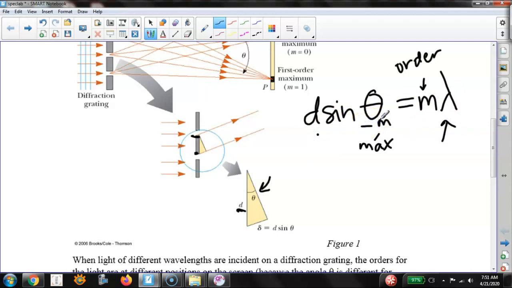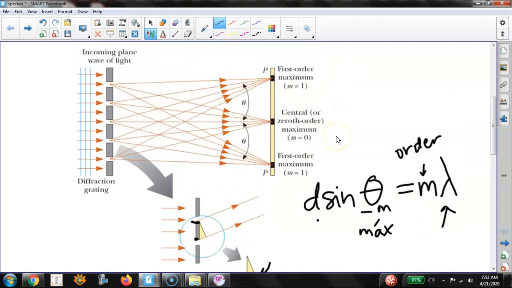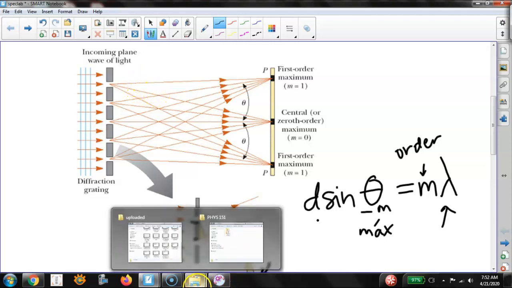And the angle in particular is what I'm worried about, because if we scroll back up a little bit, notice how you can have light coming through these slits, but leaving at different angles. If you have a different wavelength, you get a different angle.